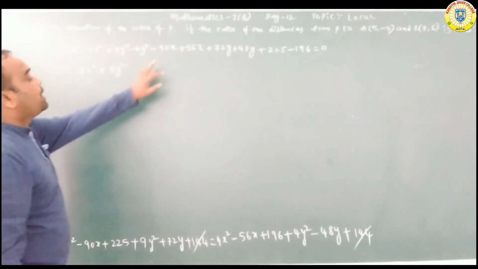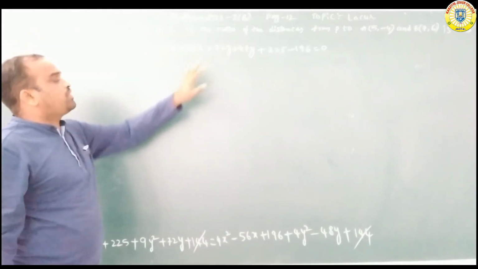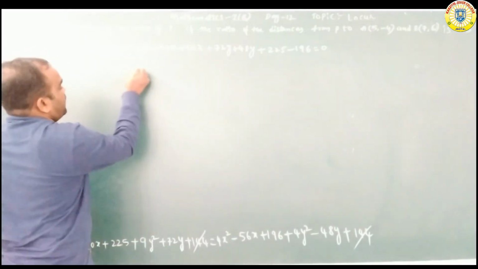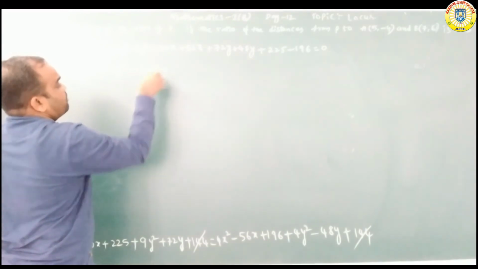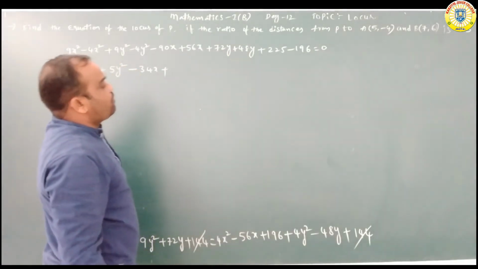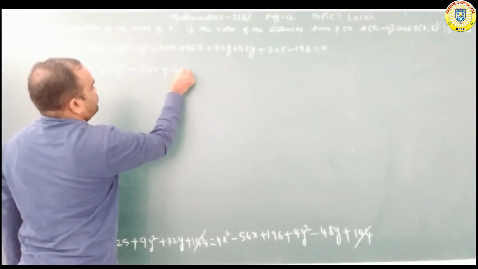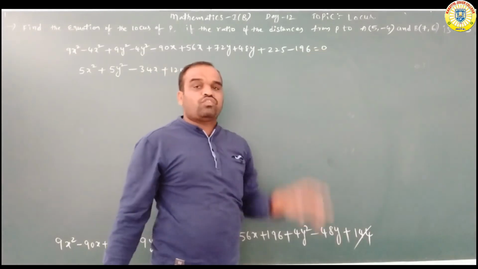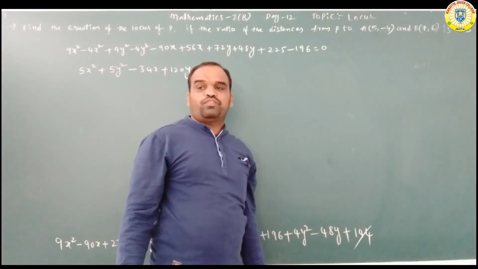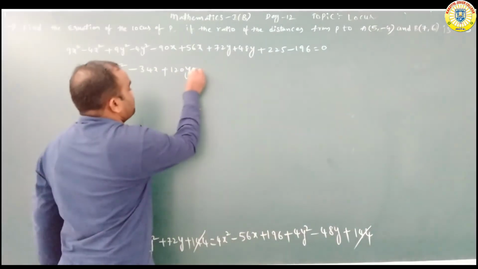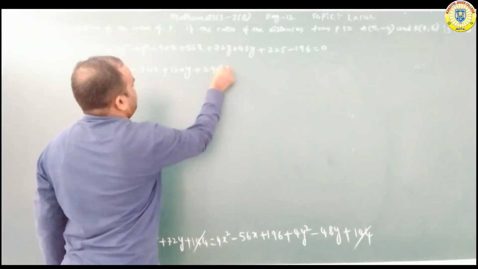Minus 90x plus 56x is minus 34x. 72y plus 48y is 120y. 225 minus 196 is equal to 29. Plus 29 is equal to 0.